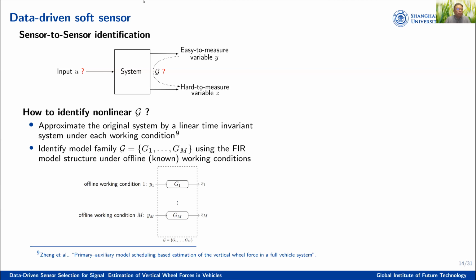If we can do that, then we can identify a model family G from G1 to GM using an FIR model structure under offline, known working conditions. If we know that the M working conditions are there, then for each one of them we can build a linear function model to represent that system.